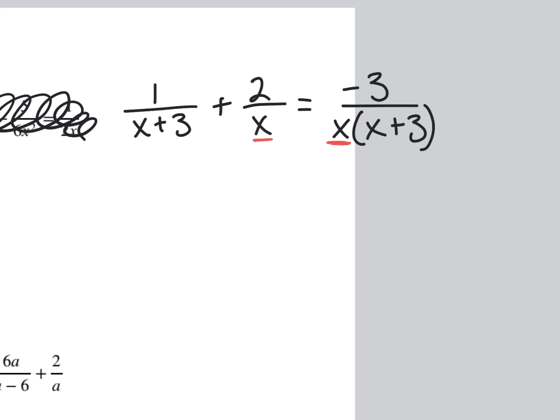X and x in the denominator. What will x and x both go into? X. Perfect. Okay. Binomial. What's the binomial? X plus 3, and it's the same, so I don't need to write it twice. I just need it once. This is my common denominator. X times x plus 3.